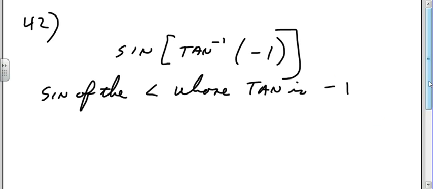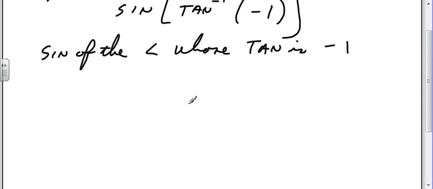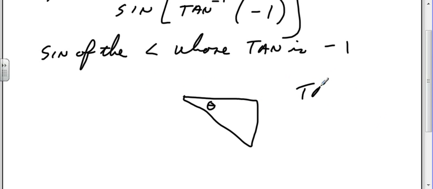So now we have this triangle and this angle, and the tangent of theta is minus 1, so that means we've got minus 1 on that side divided by 1 on this side, because this is the y component divided by the x component, in which case this is the square root of 2 on the hypotenuse.